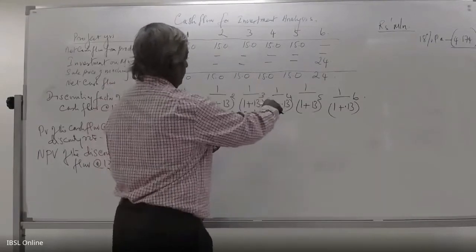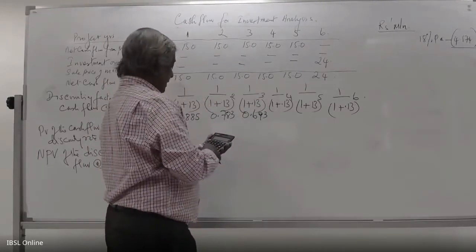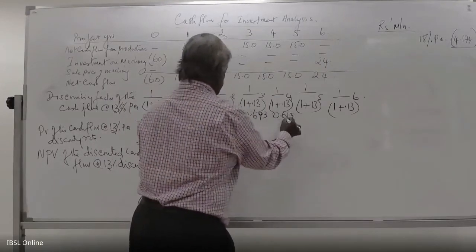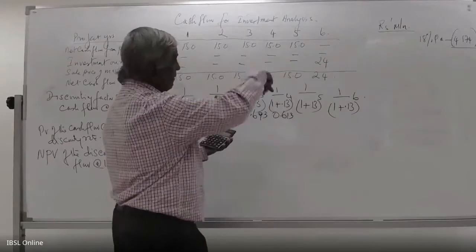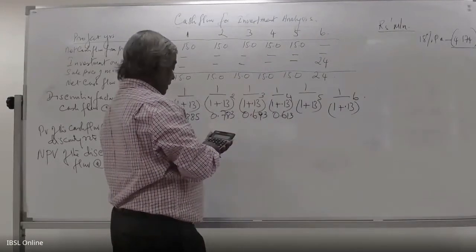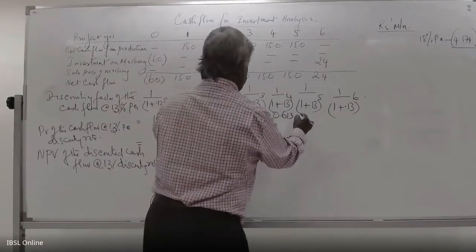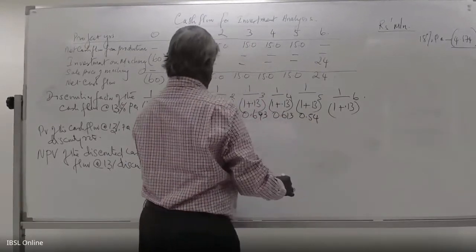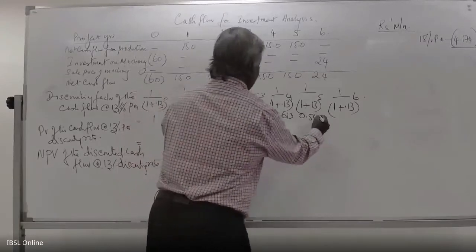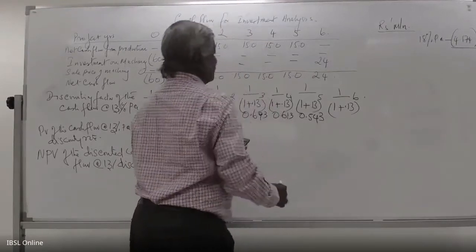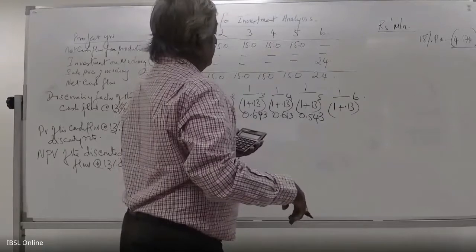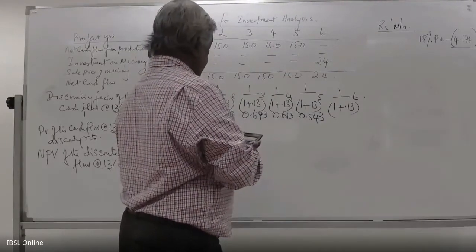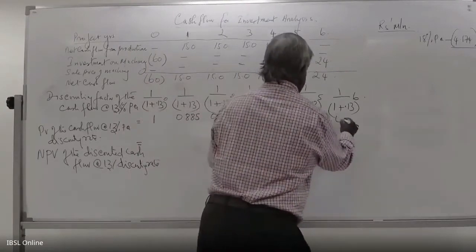Again divided by 1.13. So I press equal sign. 0.613. Again divided by 1.13. So I press equal sign. 0.5427. So I say 3. Again divided by 1.13. So I press equal sign. 0.480.